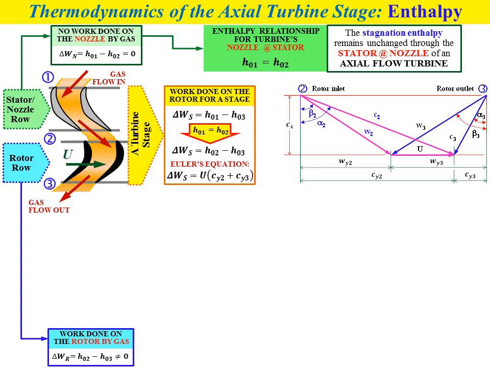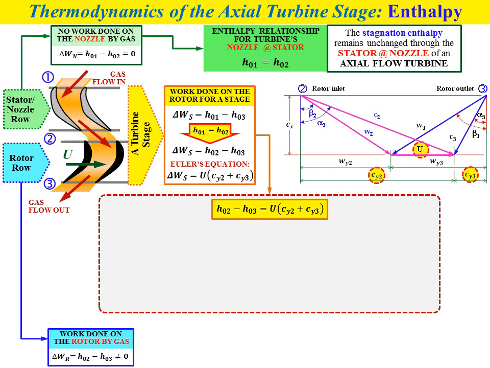The components of the vectors are shown in the velocity diagram figure, which shows the velocity diagram at the inlet of the rotor and at the outlet of the rotor, as we learned in the previous slide. From the figure we can see the blade speed U, the Y component of vector C2, and the Y component of vector C3.